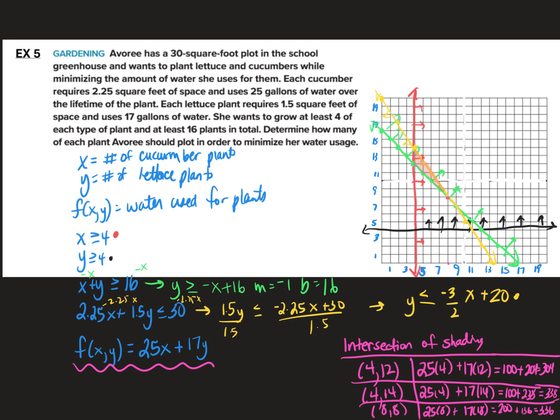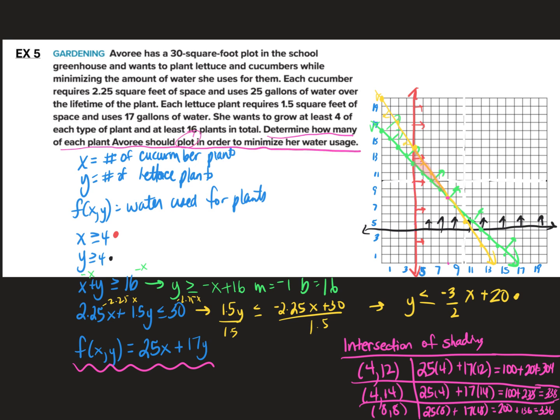Okay, I have figured out all of the values here, and these are the values that I'm looking for to try to figure out how many of each plant Avery should plant in order to minimize her water usage.